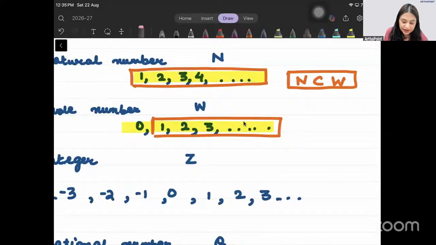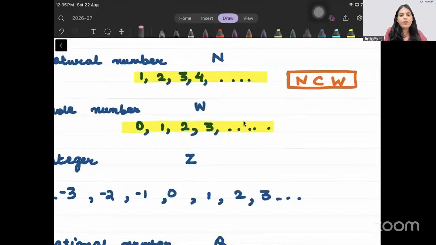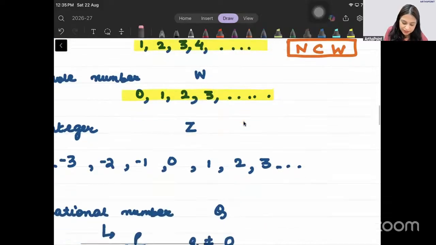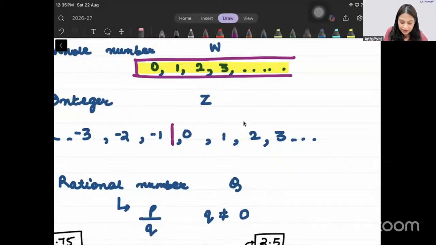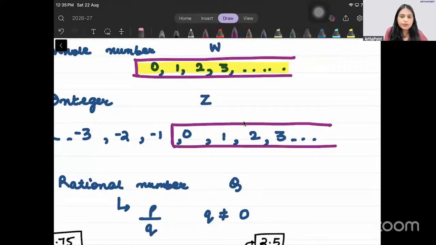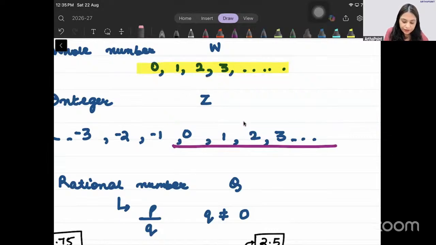Similarly, whole numbers 0, 1, 2, 3 and so on come within the integers. Whatever is in whole numbers is in integers, but integers में और भी कुछ आ रहा है. So whole numbers will be a proper subset of integers.